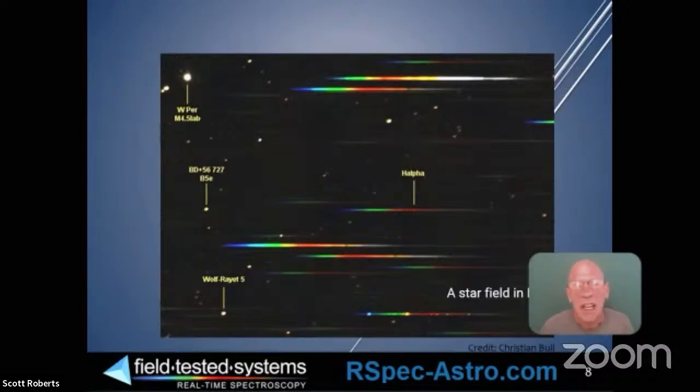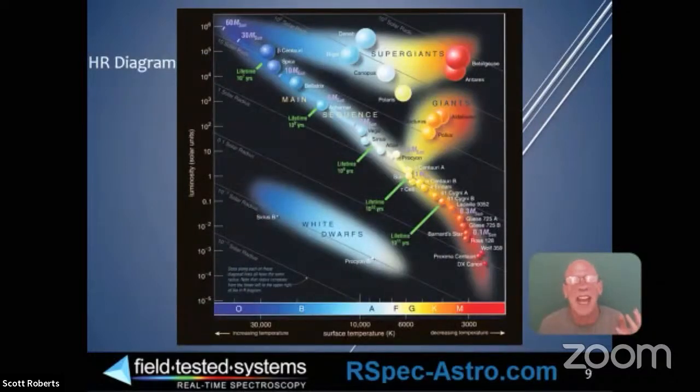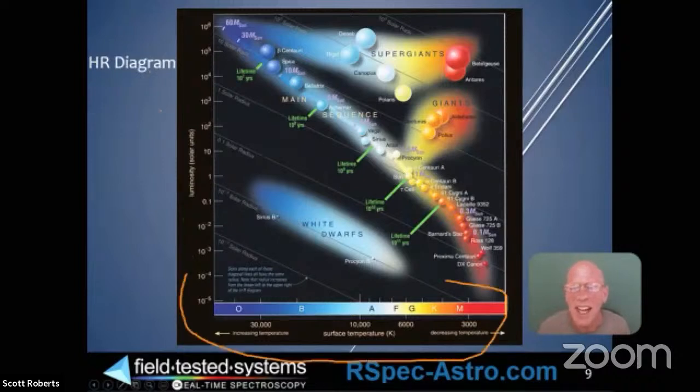So these gaps here tell us that this is a type M star. Now, what does that mean? There's lots of ways to talk about this, and I'm not going to spend a lot of time on this HR diagram, but I wanted you to see just really briefly, if you're not familiar with it, that we can classify stars by temperature.